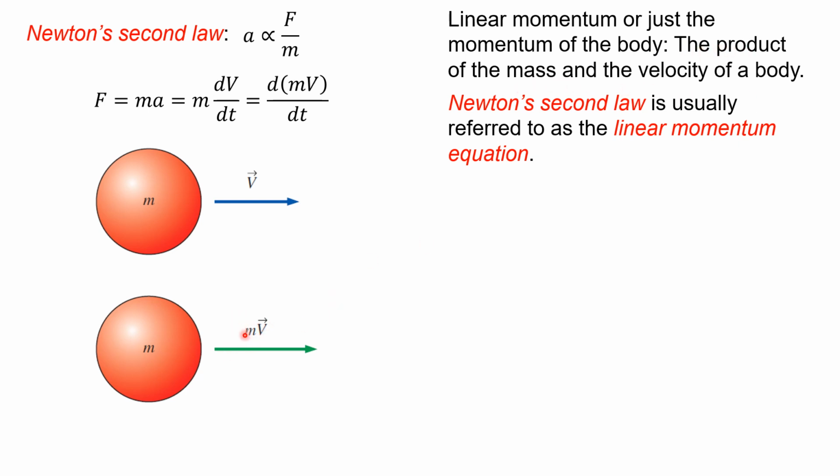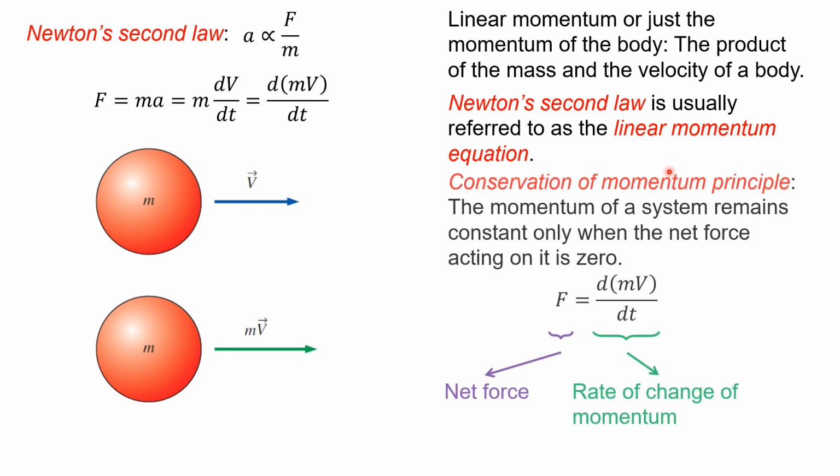Mass times velocity is the momentum. Newton's second law is usually referred to as the linear momentum equation. So Newton's second law, F equals ma, can also be converted into the linear momentum equation.